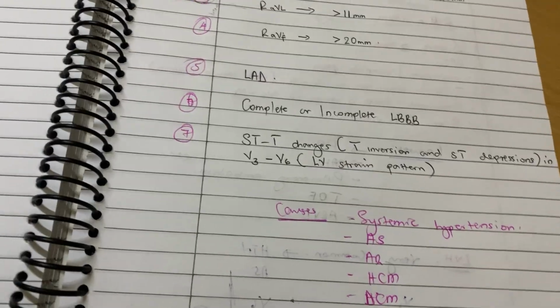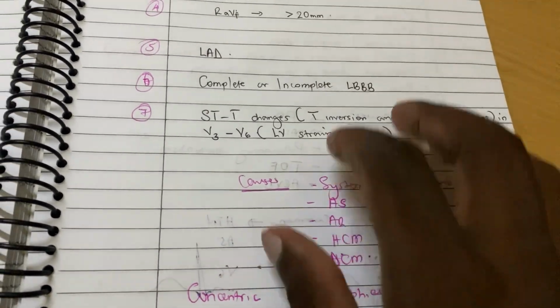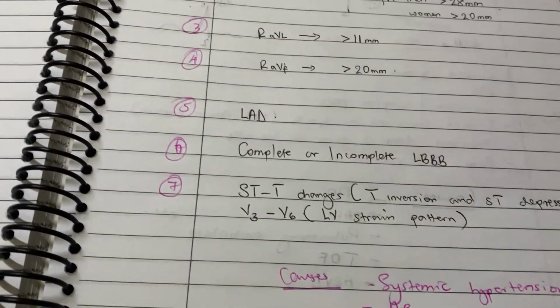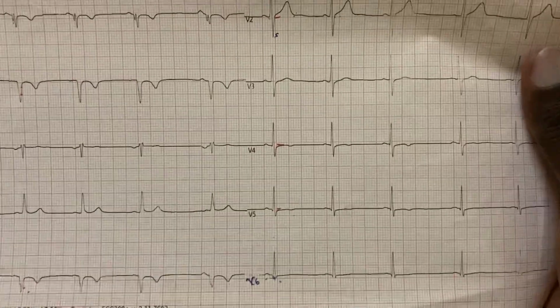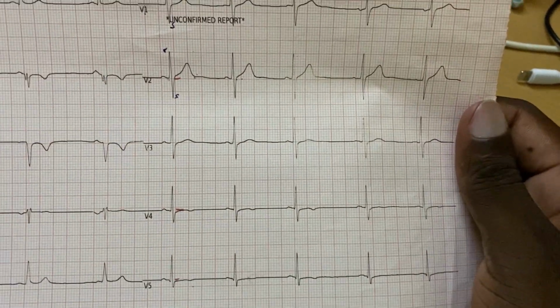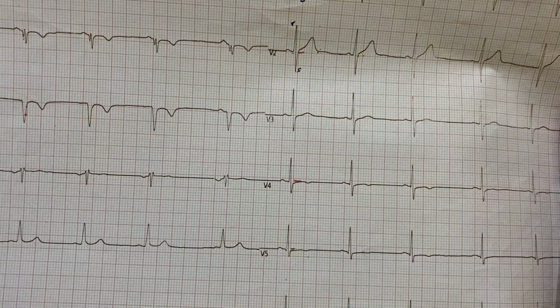Another thing, ECG is not sensitive to detect hypertrophies. We may have a completely normal ECG, for example this one, when the patient actually has hypertrophy. When you look at this ECG, there is nothing like hypertrophy.